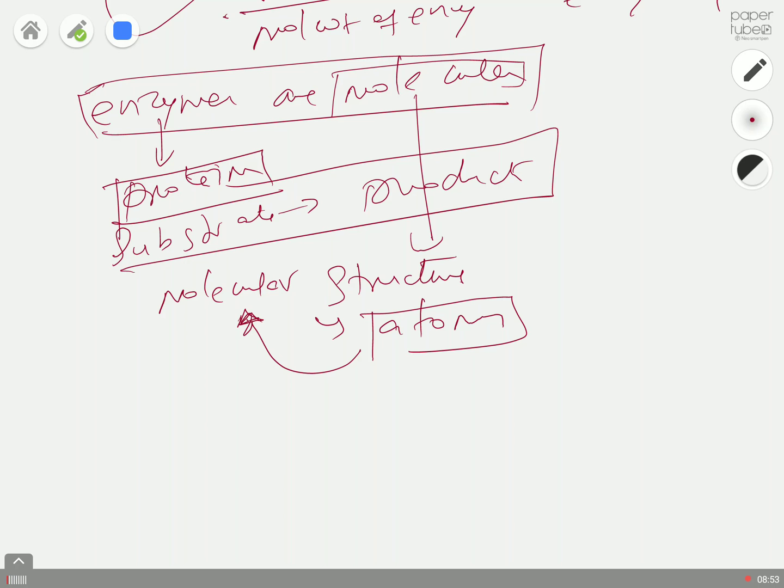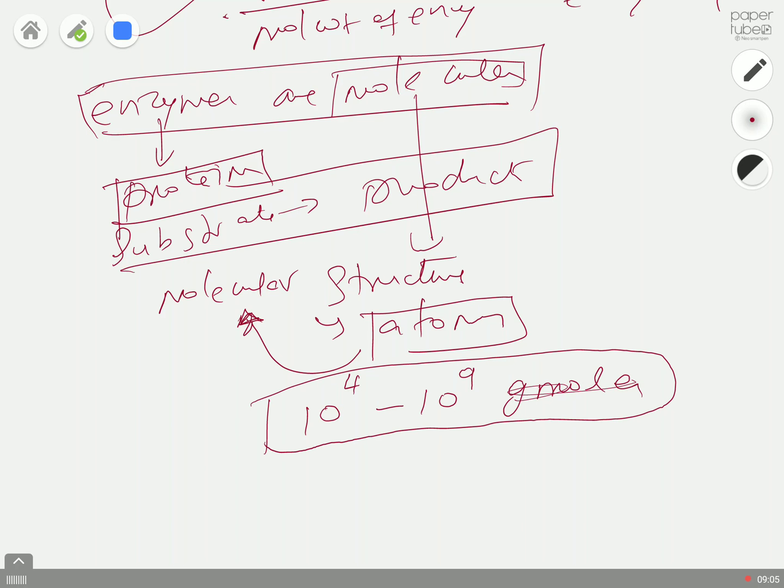They are really large molecules, ranging from 10 to the power of 4 to 10 to the power of 9 gram per mole. In enzymology, they always express it in Daltons, but anyway, both are the same, Daltons and gram per mole.